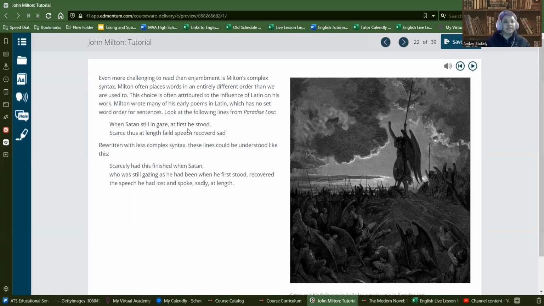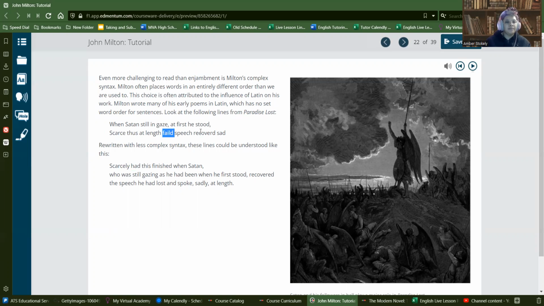So if you were reading this and you didn't have the translation, I think the easiest way would be to try to read sections that seem like they go together and try to break them apart. So we have "scarce thus at length, failed speech recovered sad." "Failed" is a difficult word just because it's not spelled the way we would spell it today.